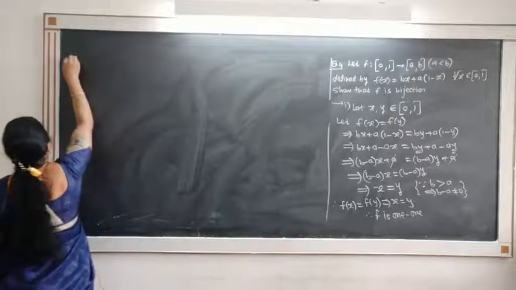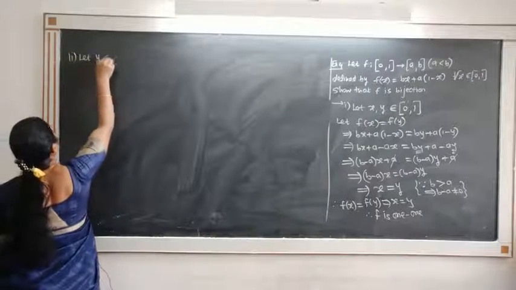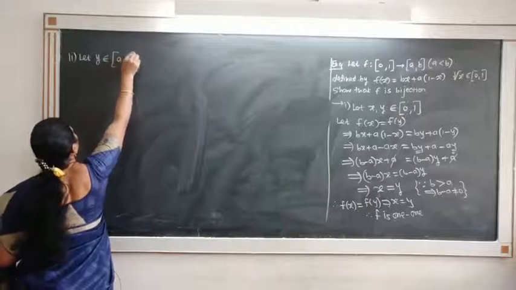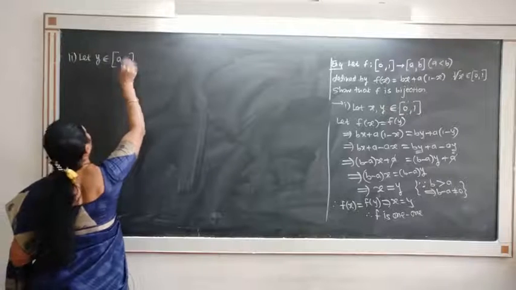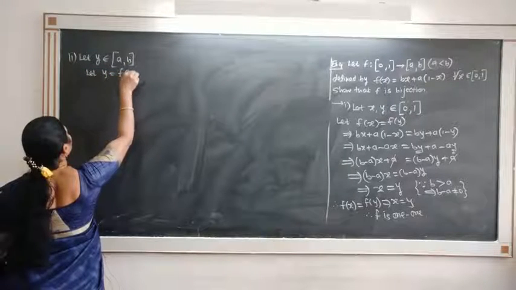So the second part, we want to show that it is onto. Start with an element in the codomain. The codomain is the interval [a, b], and let us assume that y is equal to f(x).